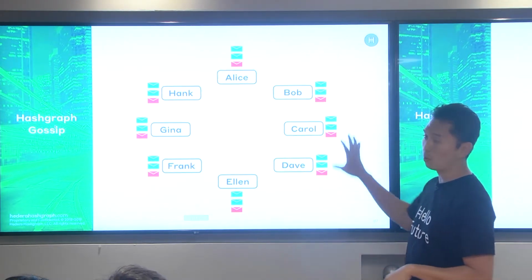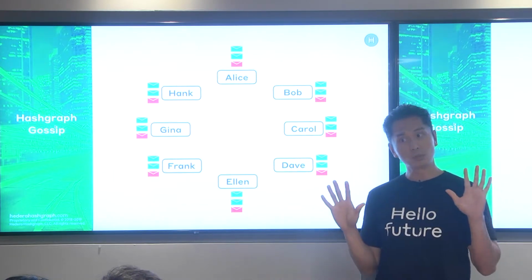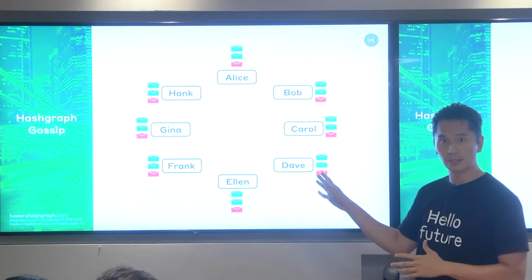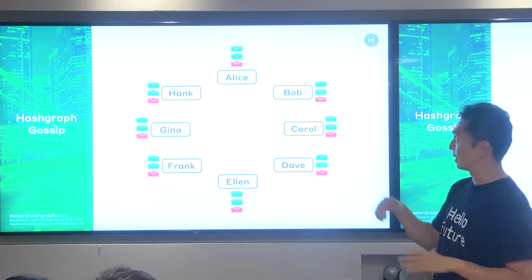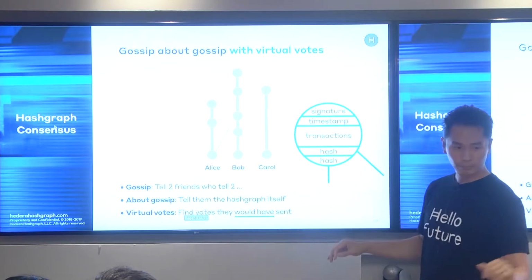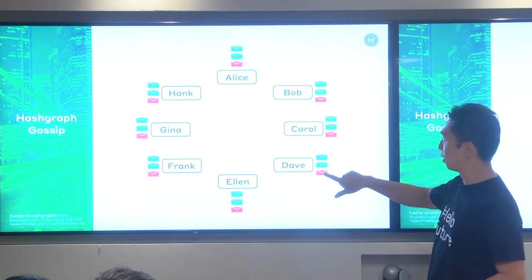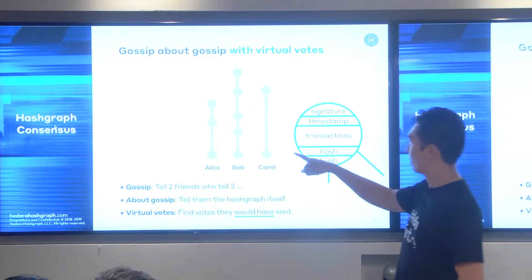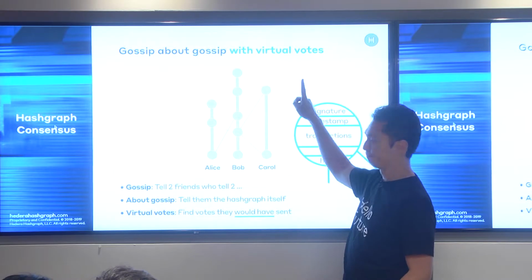So at this point, every member of the network has all the transactions, but what you're still missing is that the network has not come to an agreement yet on the order of the transactions, right? And that's where the next step comes in. So this diagram can be drawn to look like this next diagram. Time goes up this way.